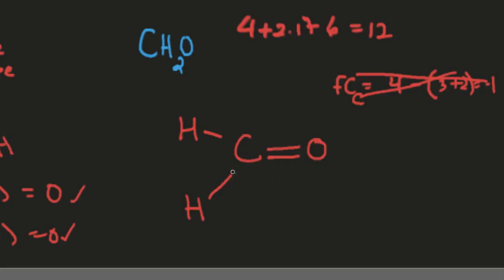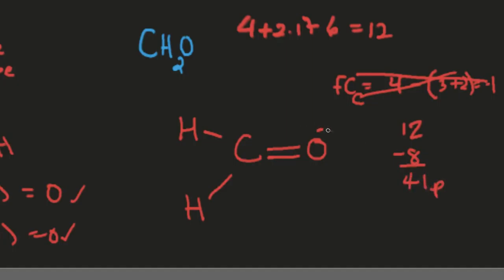And when we do so, we now have used 8 bonding electrons. Carbon's got a full octet, it's happy. Oxygen's not completely full, but let's see what we can do with these lone pairs. So we got 12 minus 8 gives us 4 lone pairs.